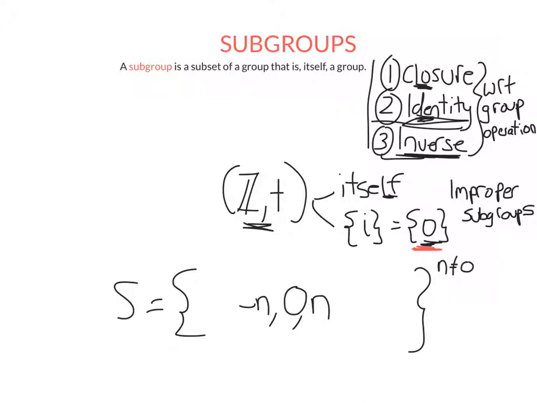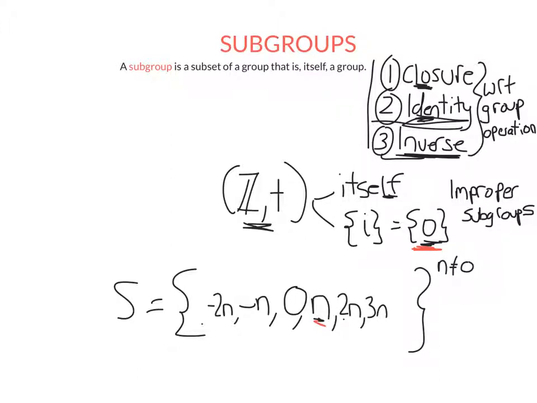So that will satisfy the second and third axioms, but not the first. If I just have minus n, 0, and n, it is not closed, because if I add n to itself, I get 2n. So I need to include 2n in the group as well. Similarly, minus n plus minus n is minus 2n, so I need to include that. But if I include 2n, I need to include 3n, because n plus 2n is 3n.